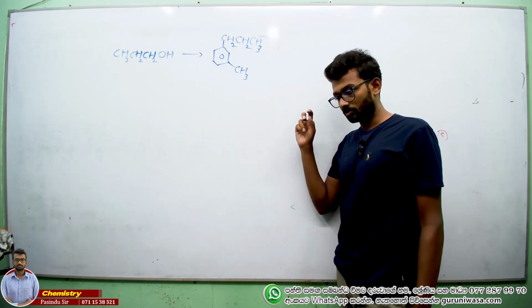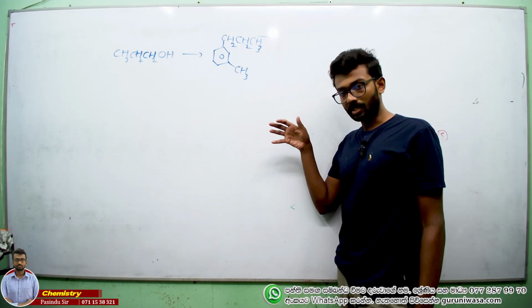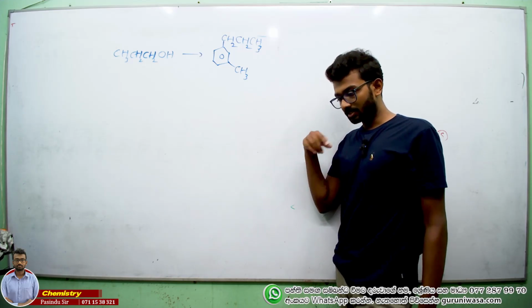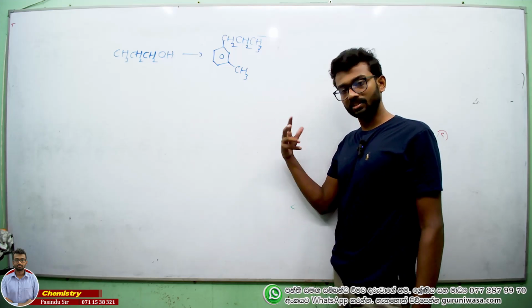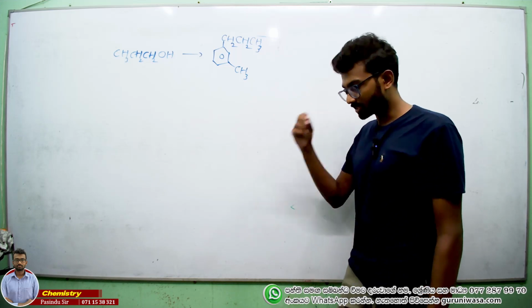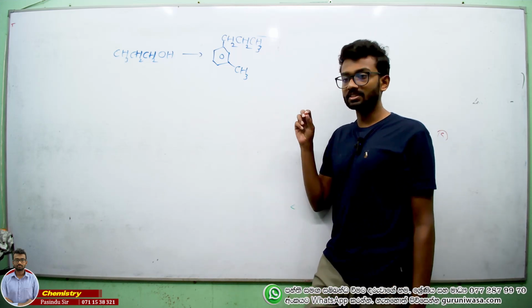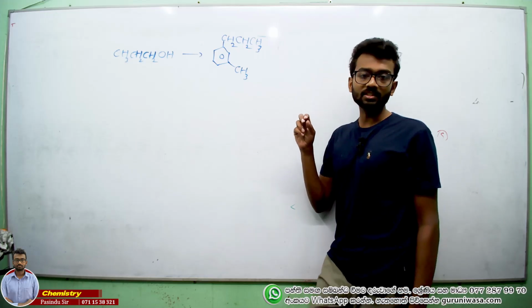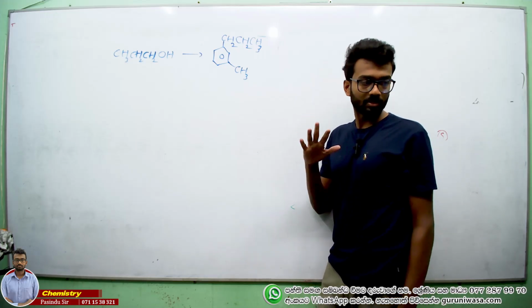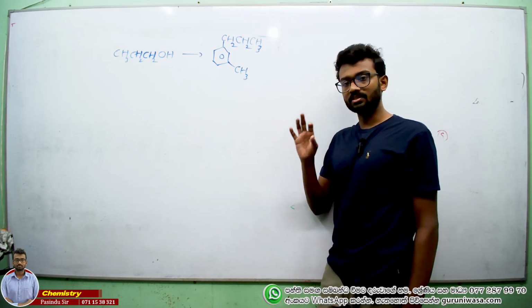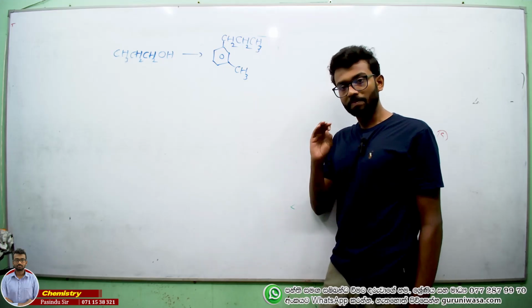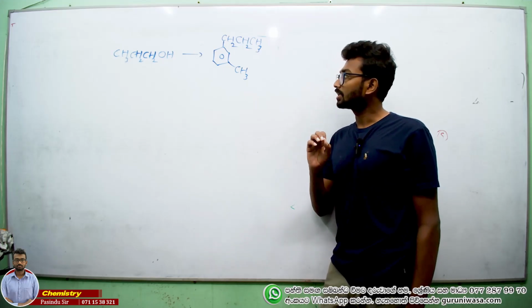To make that happen, the first group that we are going to add into the benzene should be a meta-directing group, right? Otherwise you can't send the next group into the meta position. Okay, right.